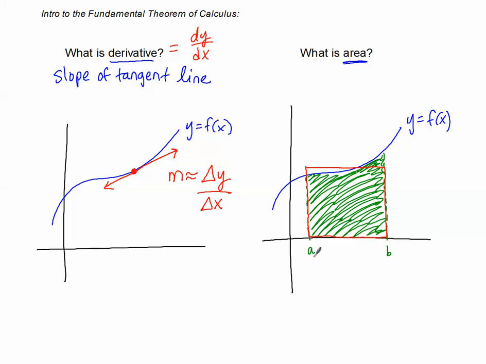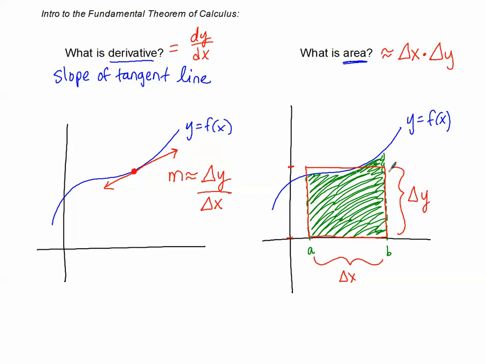We do the width times the height. What's the height of it? That's the change from this y-coordinate to this y-coordinate, so that's the change in y. And what's the width of it? Well, that's from this x-coordinate to this x-coordinate, so that's the change in x. So this area that we're looking at here is approximately the change in x times the change in y, its length times its height.